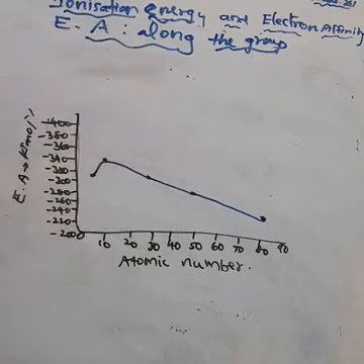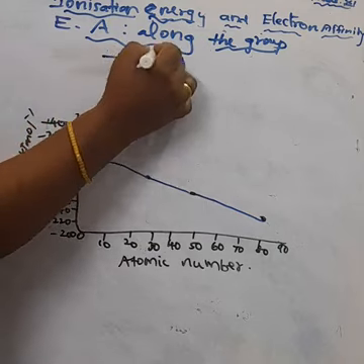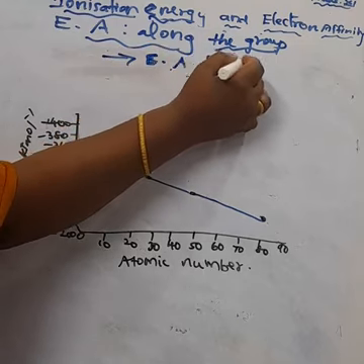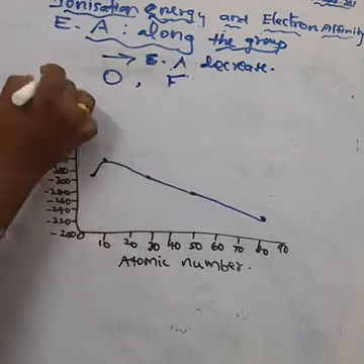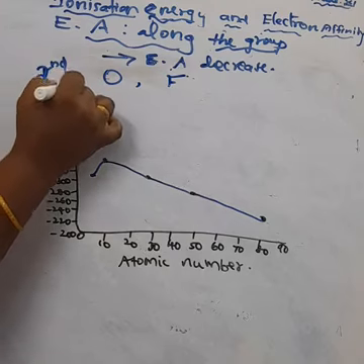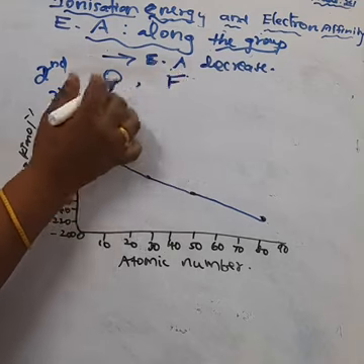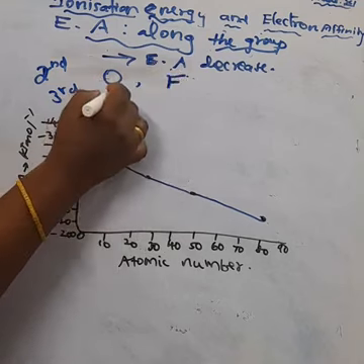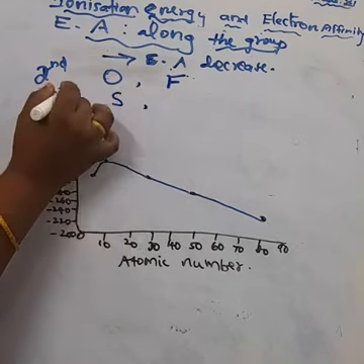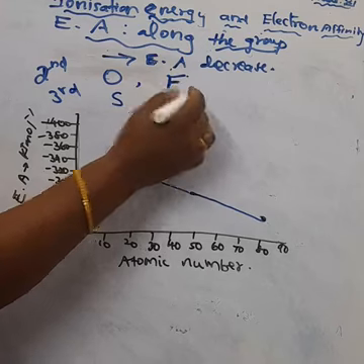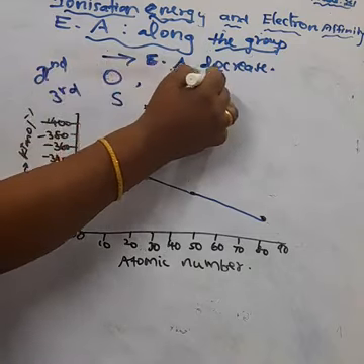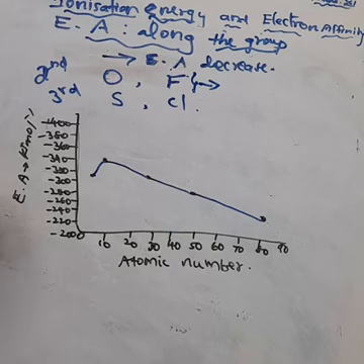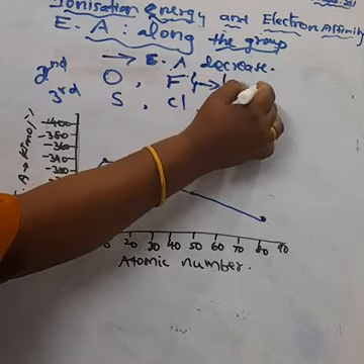Generally, as we move from top to bottom, the electron affinity decreases, because of the increased atomic size and the shielding effect of inner electrons. However, when comparing oxygen and fluorine in the second period with sulfur and chlorine, the third period elements, oxygen and fluorine have lower electron affinity than sulfur and chlorine.